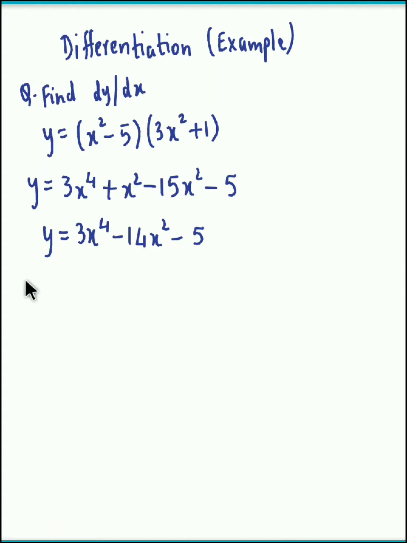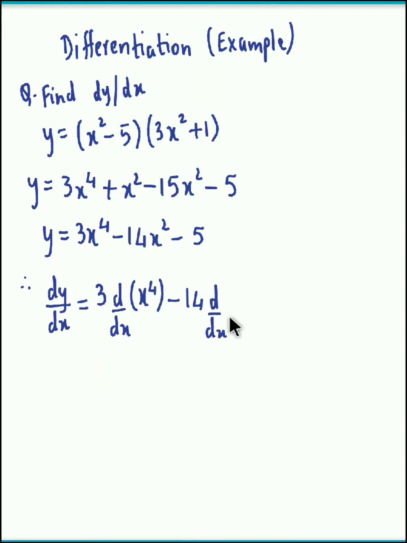And now we differentiate with respect to x. So we obtain dy by dx is equal to 3 times the derivative of x⁴ minus 14 times the derivative of x² minus, now 5 is a constant function, so we write the derivative of 5.